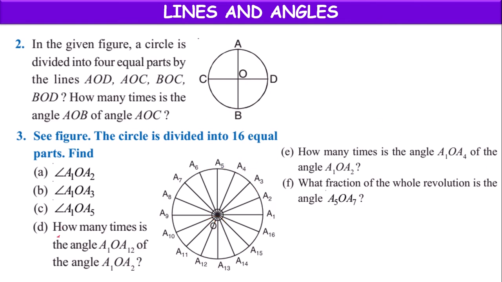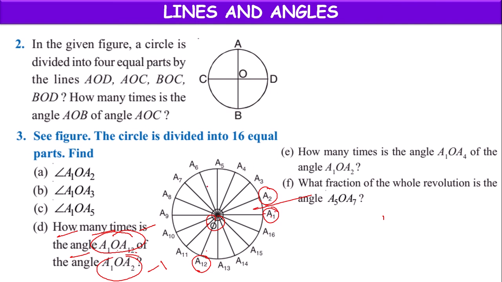Next. How many times is the angle A1 O A12 of the angle A1 O A2? A1 O A2 is one part. But A1 O A12, how many parts?